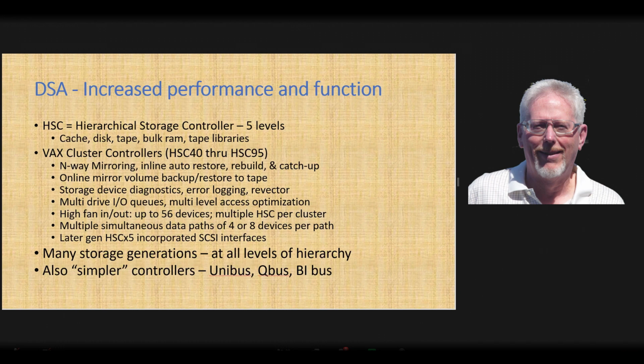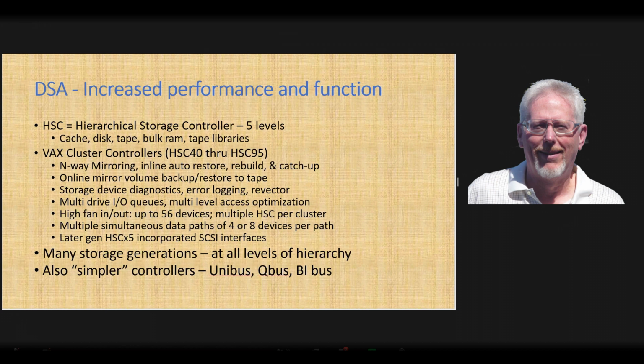So you could have a pretty large storage family and envelope there, and multiple simultaneous data paths because of the radio connections were possible. And interesting, later in the last generation of the HSC, it incorporated SCSI interfaces to adopt industry standard devices.